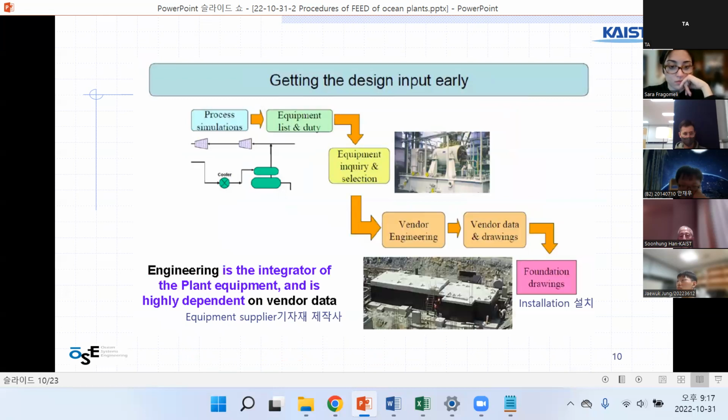The process design starts at the early stage, the process for the chemical process. Then equipment is listed based on process simulation, and then equipment inquiries go to the vendors, the equipment suppliers or manufacturers.